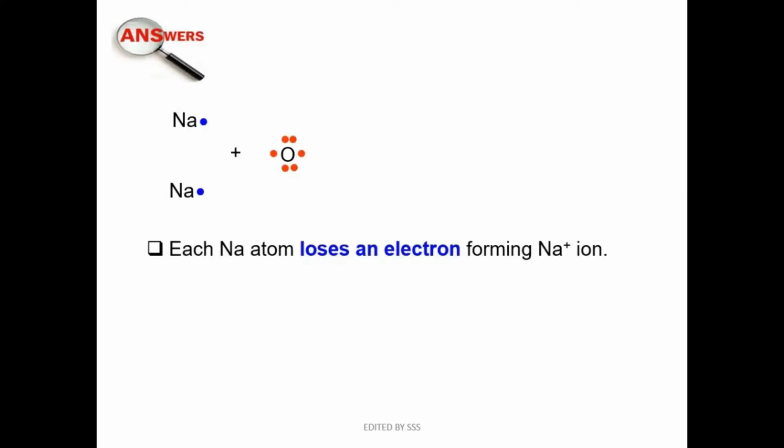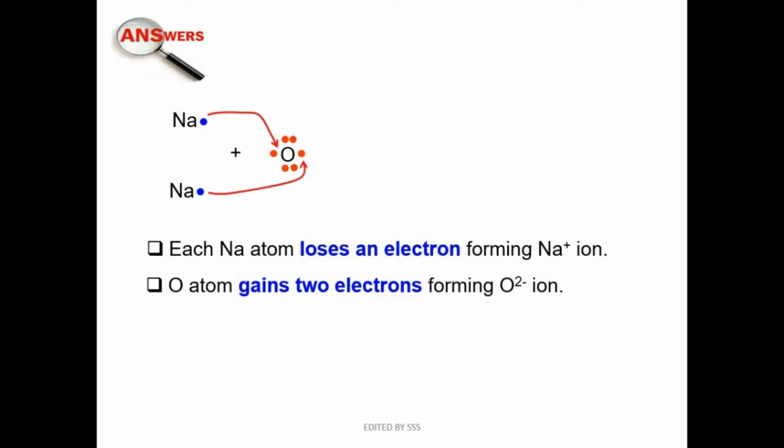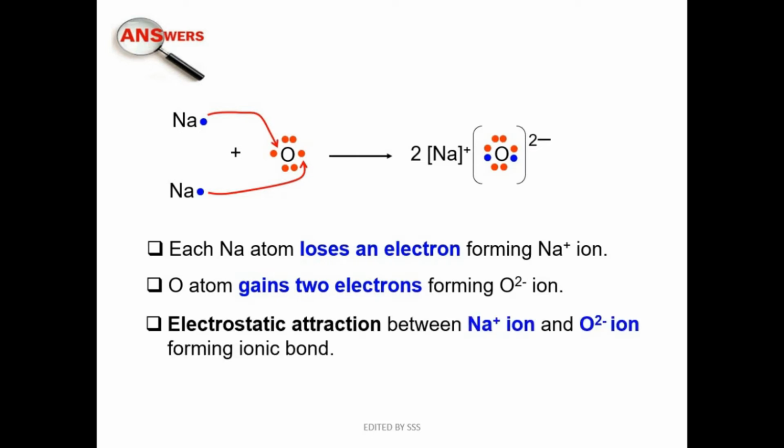Each sodium atom loses an electron, forming sodium ion, while oxygen atom gains 2 electrons, forming oxide ion. Electrostatic attraction between sodium ion and oxide ion forms ionic bond. Formula of the compound formed is Na2O.